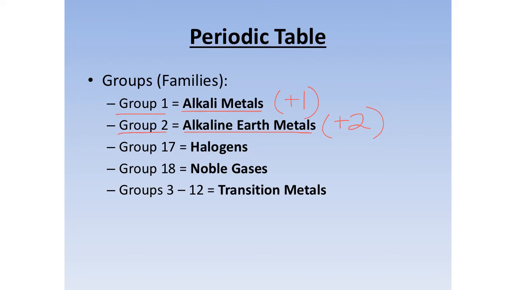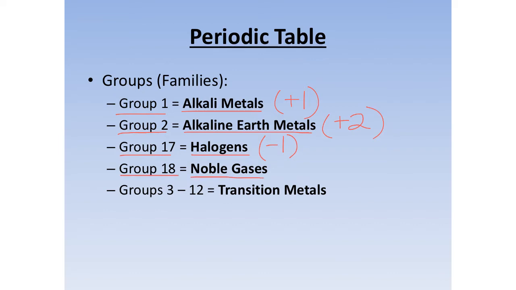make ionic compounds. Group 17, we should already know that those are called the halogens. So we got fluorine, chlorine, bromine, iodine. They tend to make -1 ions when they react because they have 7 valence electrons, so they'll gain 1 to get to 8. And then group 18 are noble gases.